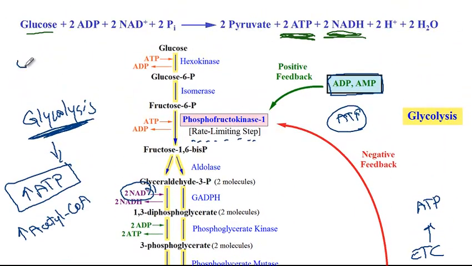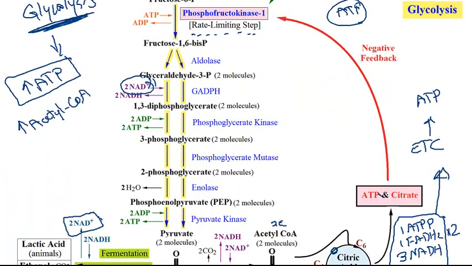So there we go. Glycogen breakdown gave us glucose 1-phosphate, which has now been converted to glucose 6-phosphate and can now resume the glycolysis.